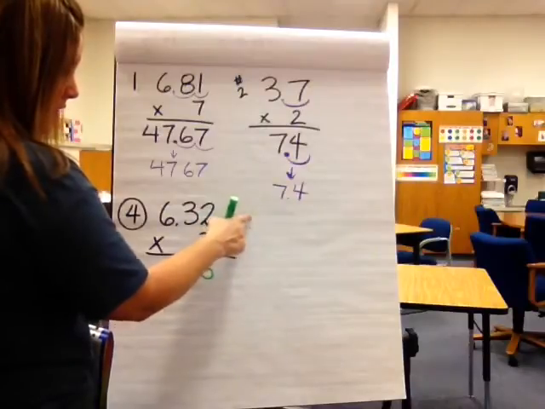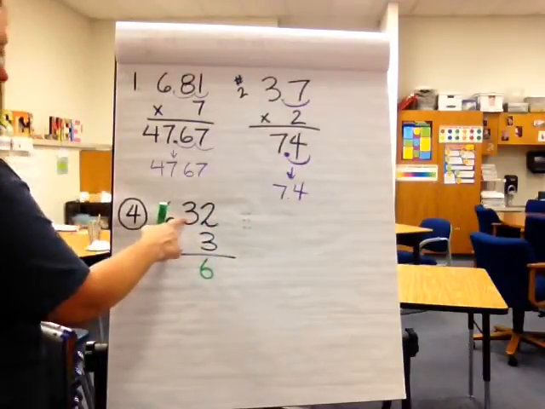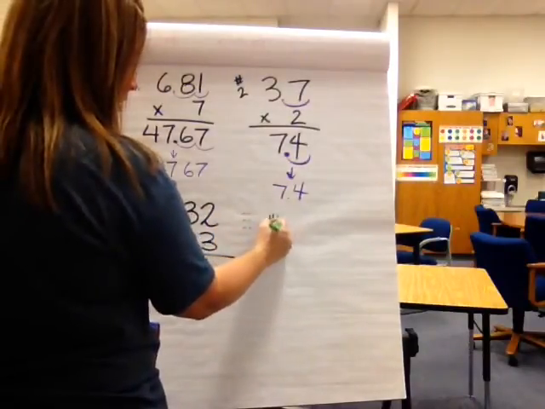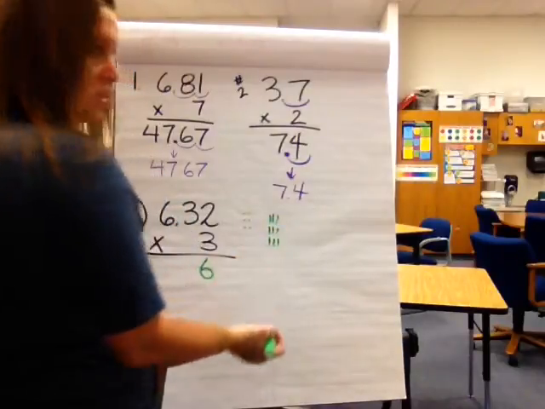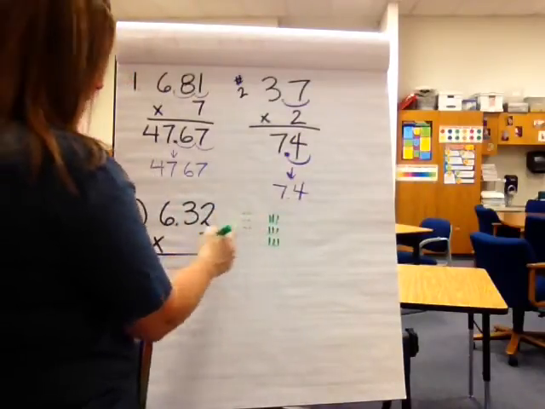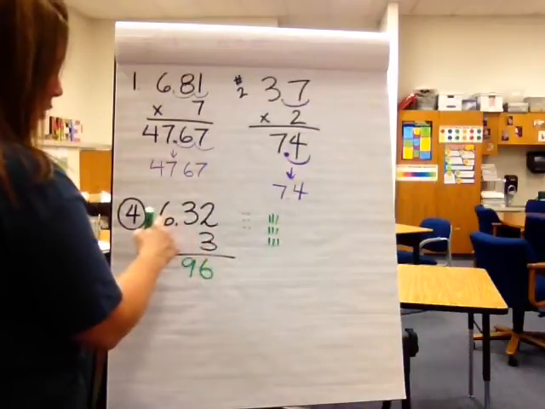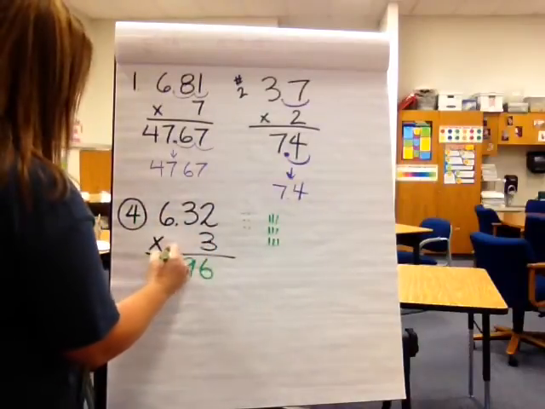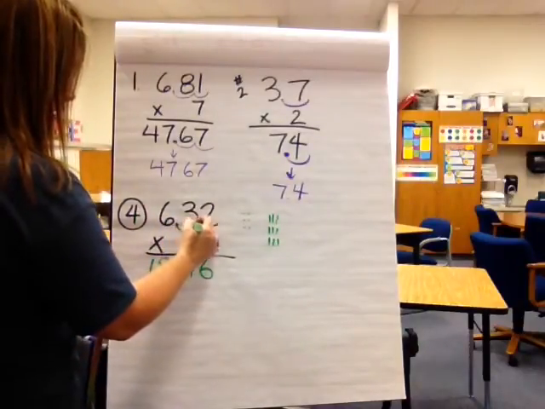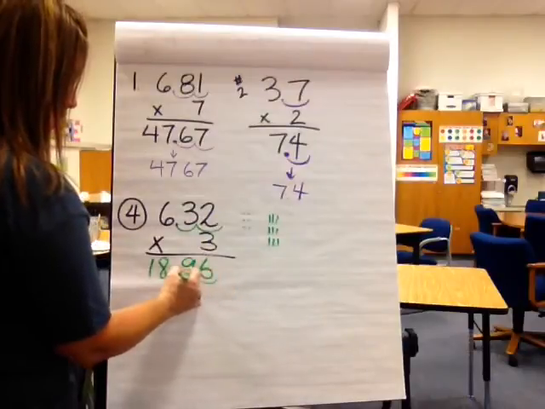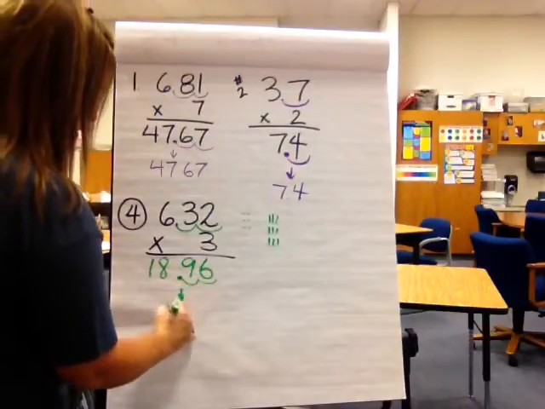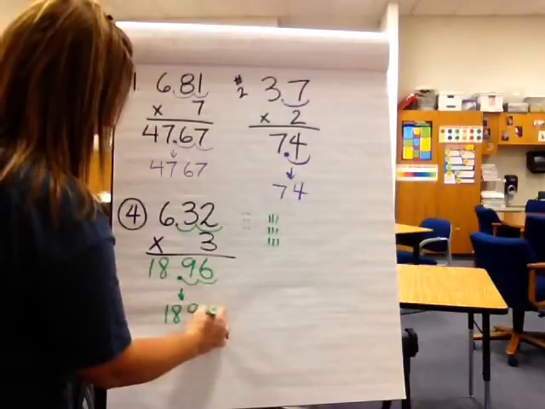So 1, 2, 3, 4, 5, 6 hundredths. 3 times 3 tenths is 3, 6, 9 tenths. 3 wholes times 6 wholes is 18 wholes. Tenths, hundredths, which would give me 18 and 96 hundredths.